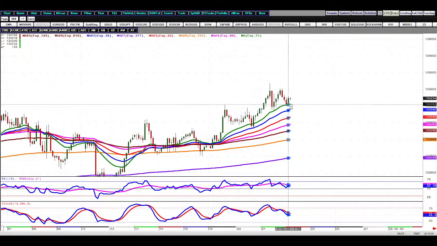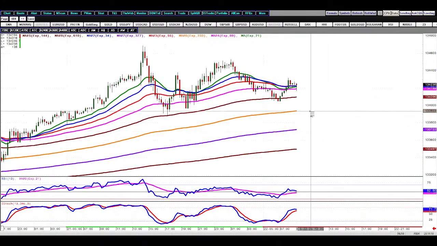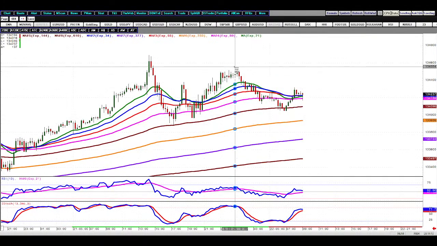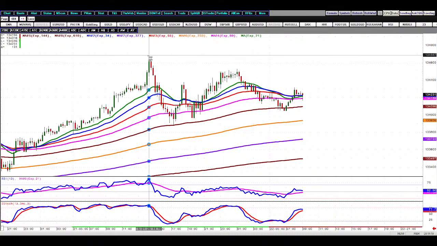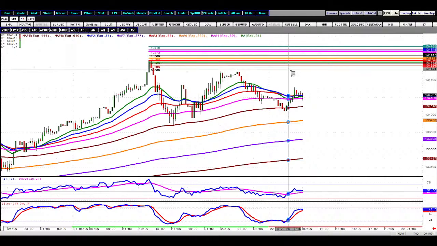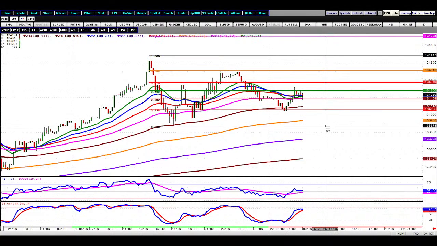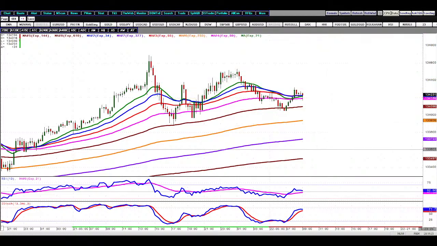So we look to buy near 34.05, then we'll try to exit at 34.50 or 34.70, and if this 34.70 breaks, then we can see the price heading towards 35.